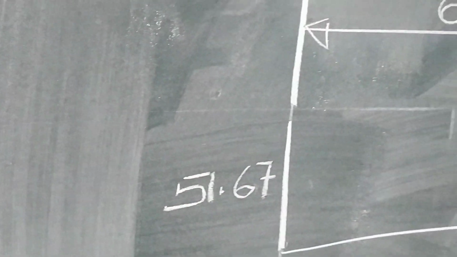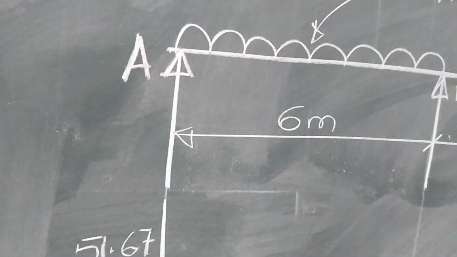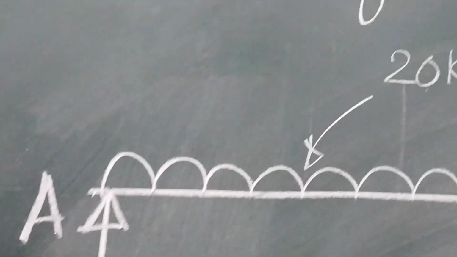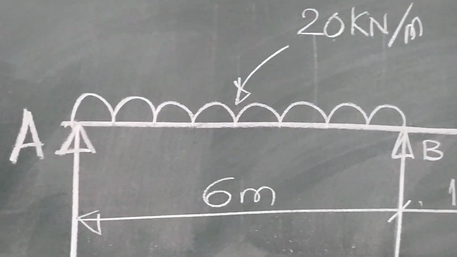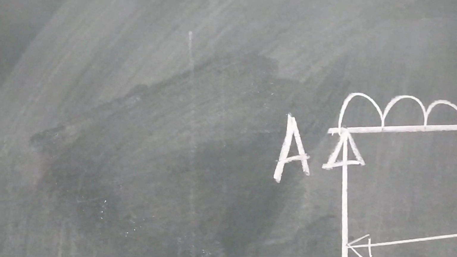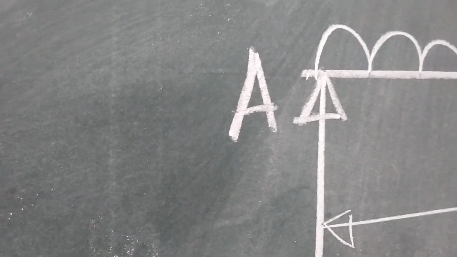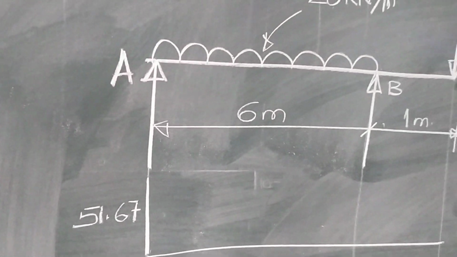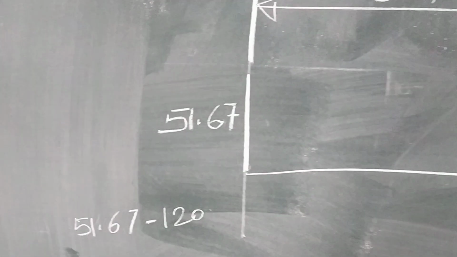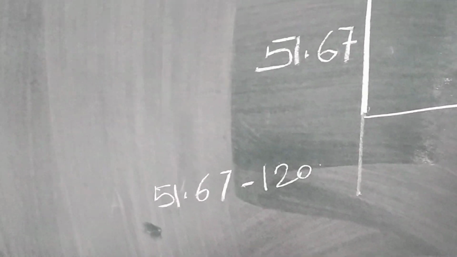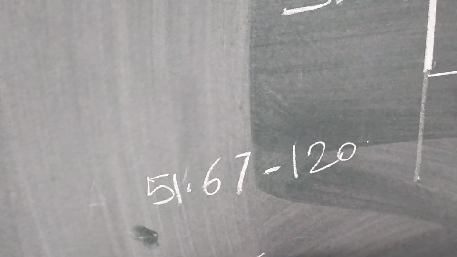We are solving this problem live. Now the UDL is 20 into 6, that is 120. So let us calculate 51.67 minus 120. Calculate that one: 51.67 minus 120 is minus 68.33.